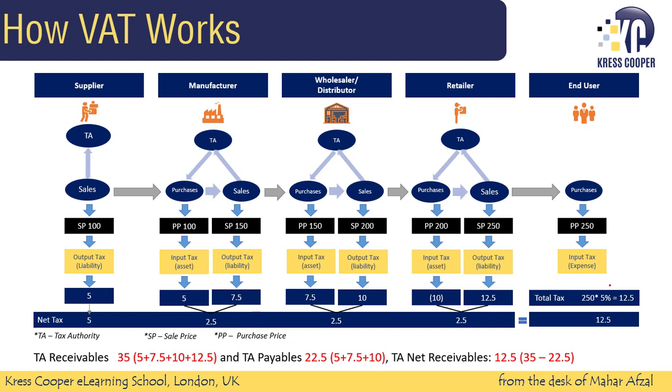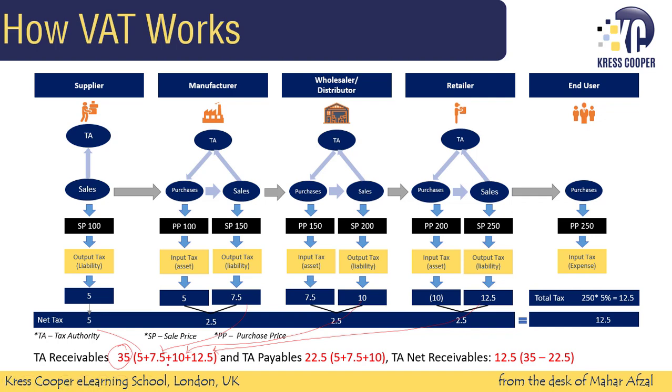So at the end, how much is the tax receivable and tax payable by the Federal Tax Authority? So the total receivable, the Tax Authority has a right to receive 35 from all the players in the supply chain. 5 from this party, 7.5 from this party, 10 by this party, 12.5 by this party.